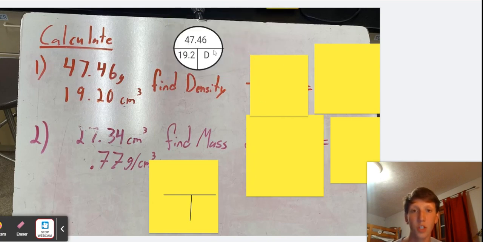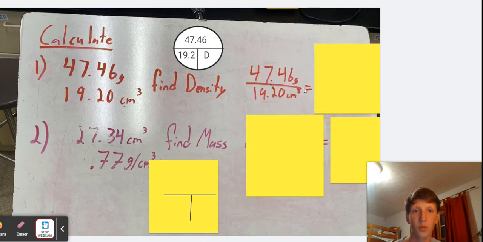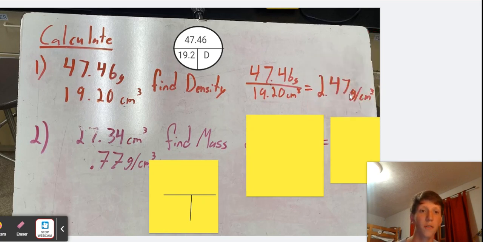I have density, which is my variable here, my volume, which is 19.2, and then my mass up here, which is 47.46. Then I set up the fraction to get density. This is what the fraction will look like with grams over centimeters cubed. And then we get our answer, which is 2.47 grams per centimeter cubed.